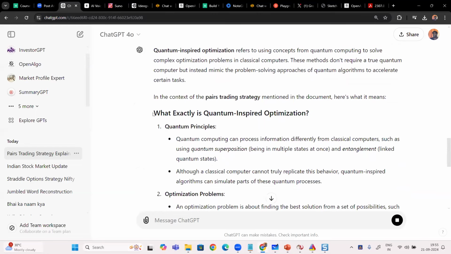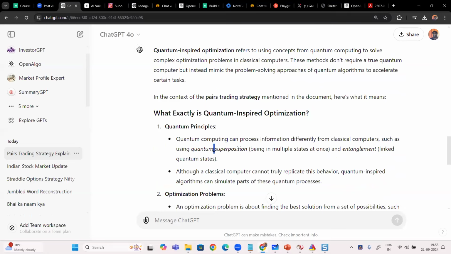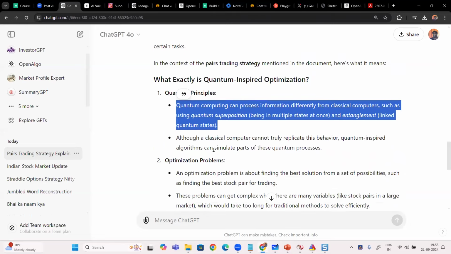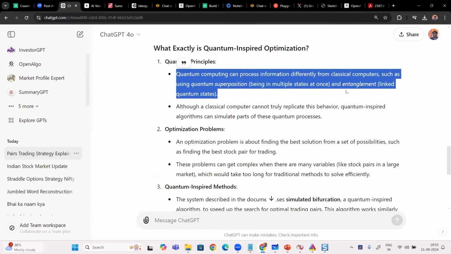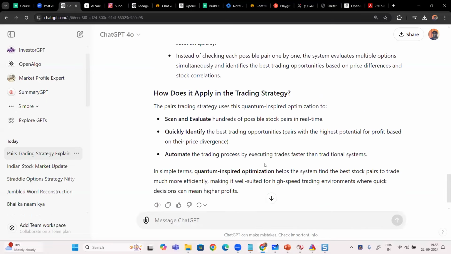So it is trying to explain what quantum inspired optimization is. It is using some of the quantum principles. One of the principles used is quantum superposition. I don't want to go deeper into that. Something like quantum entanglement concepts are also used in this particular strategy. Mostly they're using some quantum physics kind of stuff over here, and based on that, they are trying to implement the pair trading techniques.